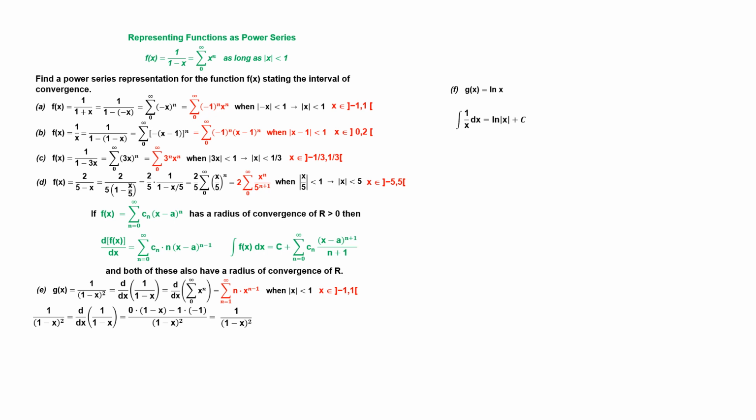We add a constant c. We can integrate this series to obtain a power series representation for that natural logarithm. By letting x equal 1, we can conclude that c equals 0.